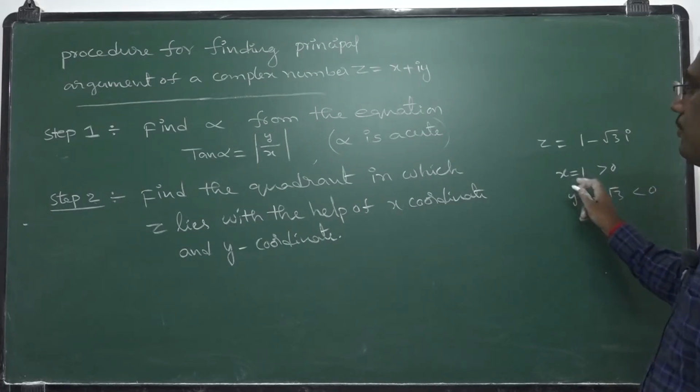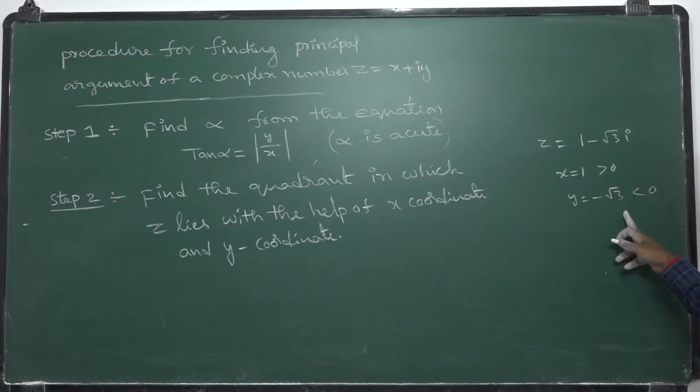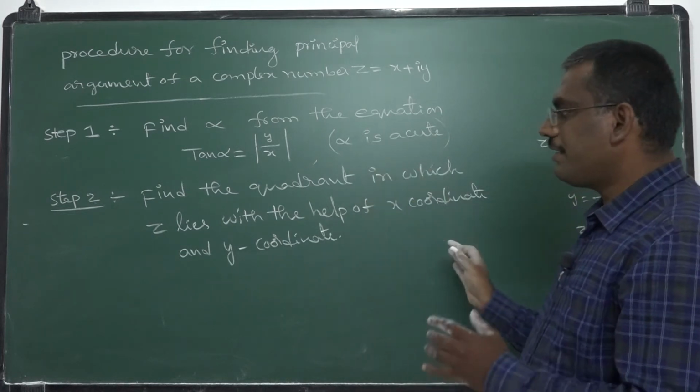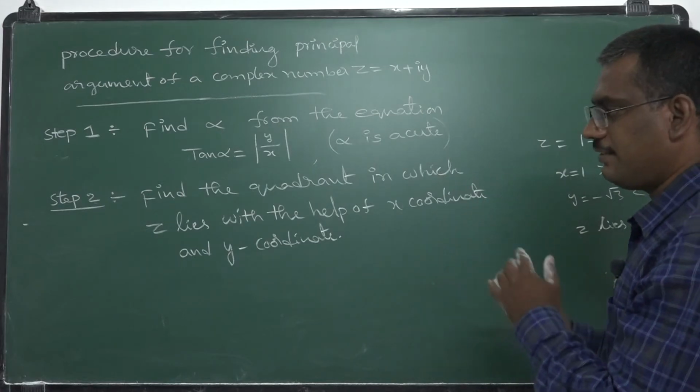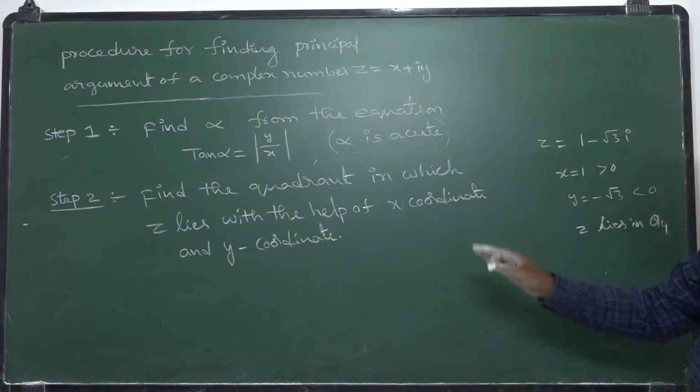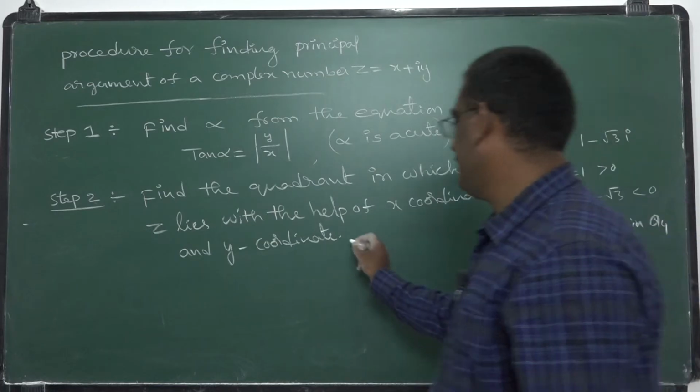So x is positive and y is negative, therefore z lies in the fourth quadrant. So we have to find the quadrant in which the complex number lies with the help of x coordinate and y coordinate.